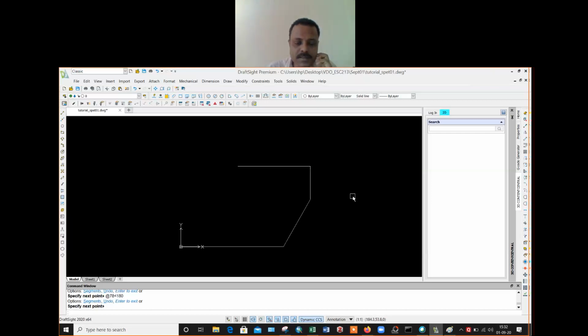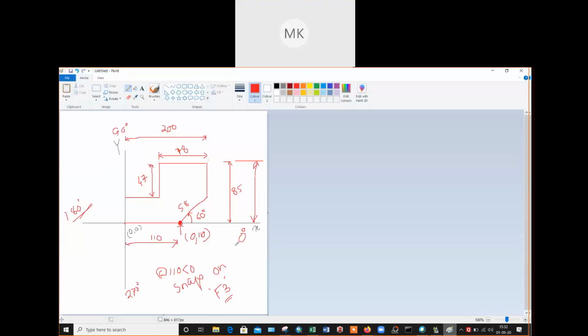Yes? Yes, sir. Then again coming 47 millimeter in negative y direction. So negative y means 270 degree. Is it? From this point, I am going in this direction. So this direction is 270 degree. How much I am going? 47 millimeter.